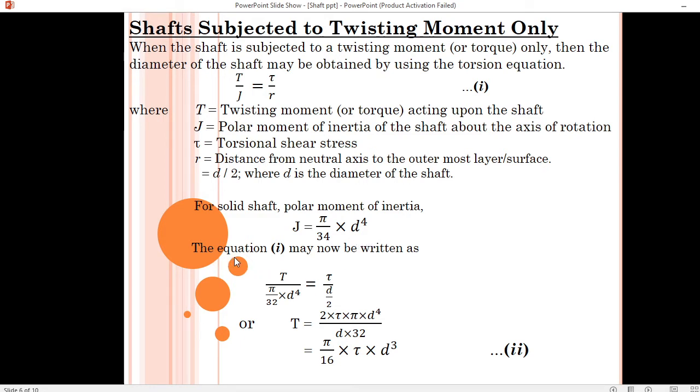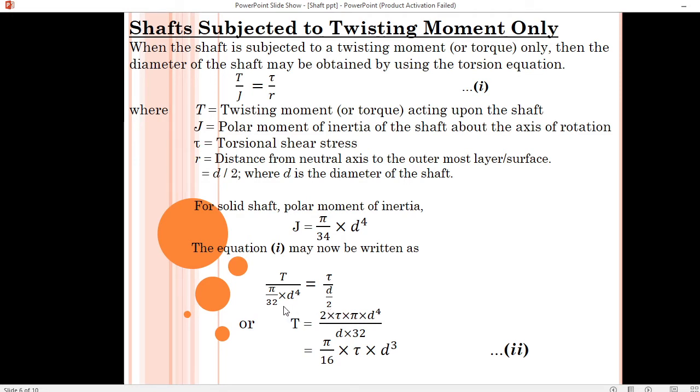Next, equation 1 can be written as what? When J is equal to pi by 32 d to the power 4, in place of J, I am writing pi by 32 d to the power 4, and in place of R, I am writing d by 2.